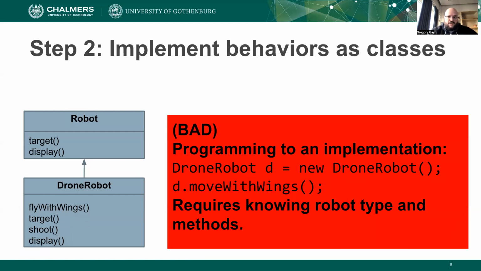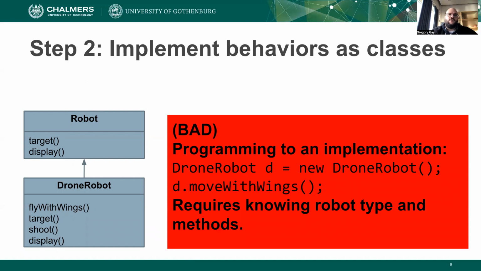Our first inclination might be to do something like this, right? We create children, we program in moving and shooting when needed, implementing whatever behavior we need independently of the parent. This isn't quite what we want. This means that when we want a robot to move, what we need to know is what robot we're working with and how to call the right method, right?